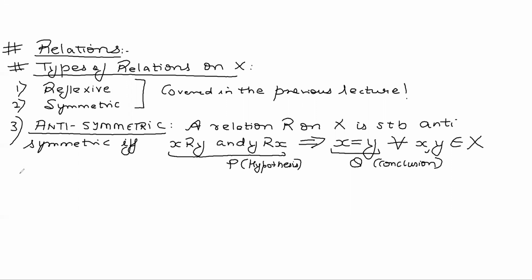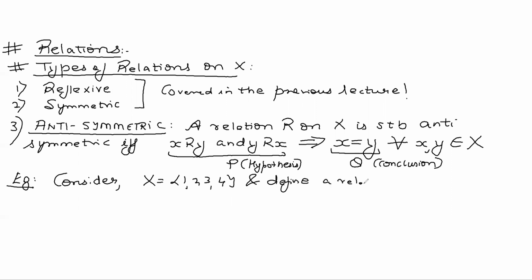Okay, so let's understand this using an example. So consider X is equal to {1, 2, 3, 4} and define a relation R1 as the set {(1,1), (2,2), (3,3), (4,4)}.